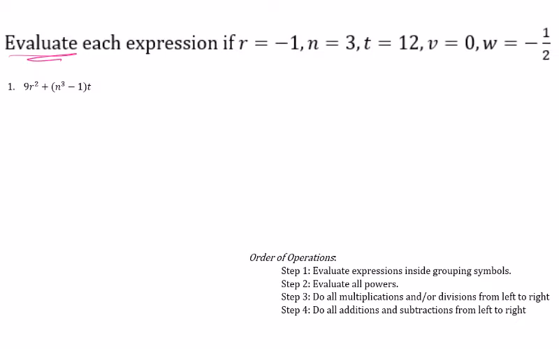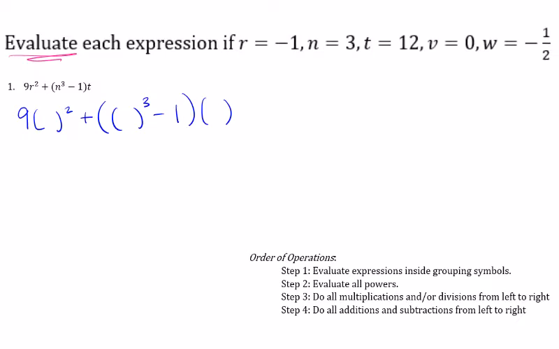What I usually like to do is, whenever I'm given an expression and I have to input values, I rewrite that expression, but I open up parentheses wherever there was a variable before. Then I'll just put everything in where it goes, right?